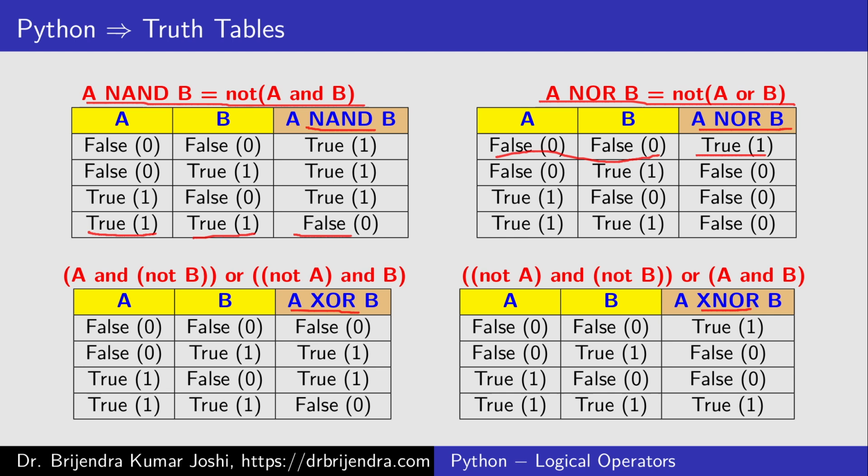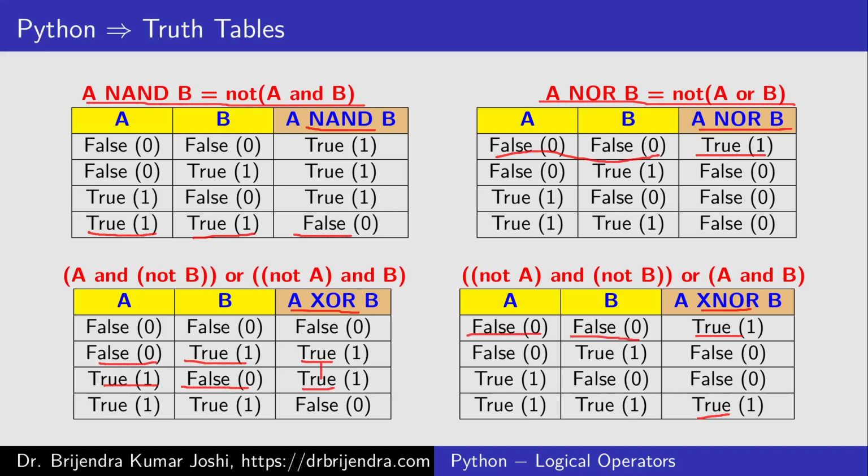A XOR B, or exclusive or: the output of XOR would be true if and only if A and B are dissimilar or different. If A is false and B is true, or A is true and B is false, then only the XOR output would be true. Otherwise, it will be false. On similar lines, A XNOR B would be true if and only if both A and B are the same.